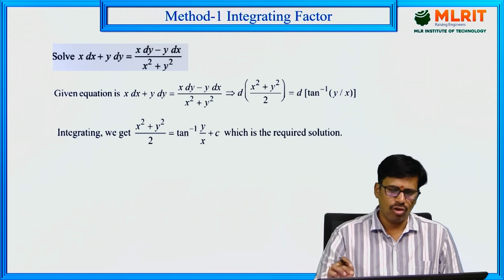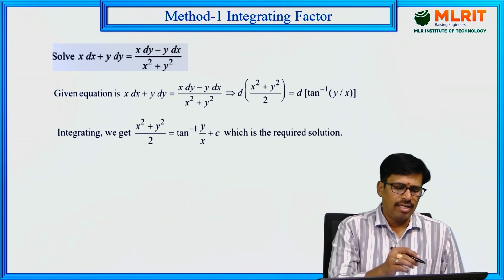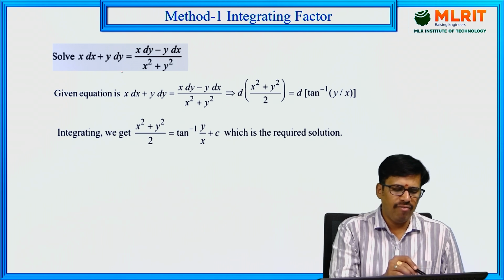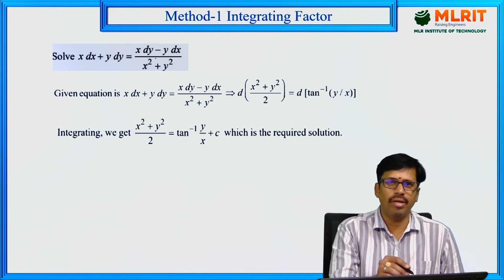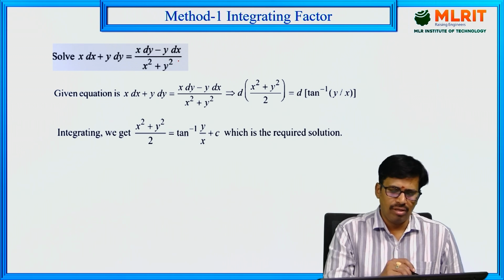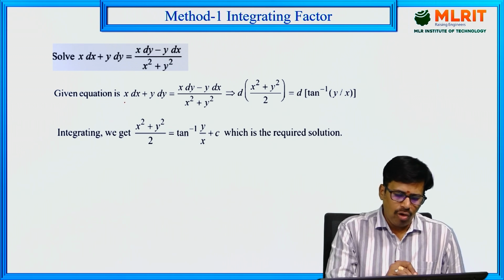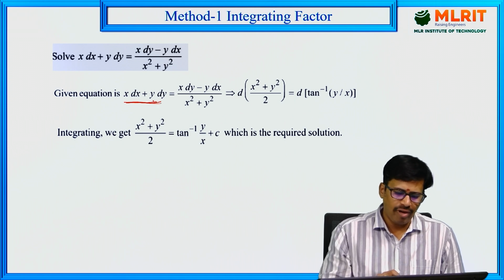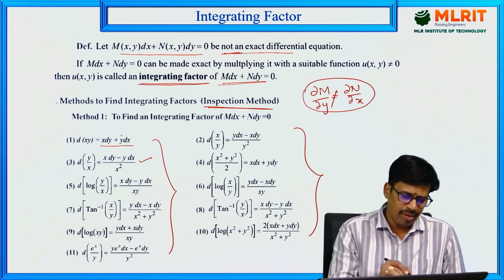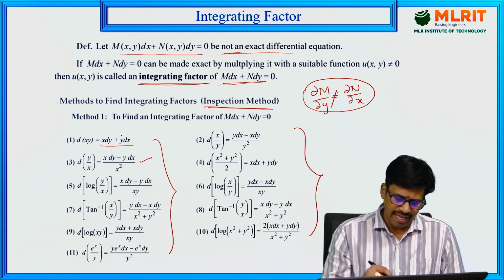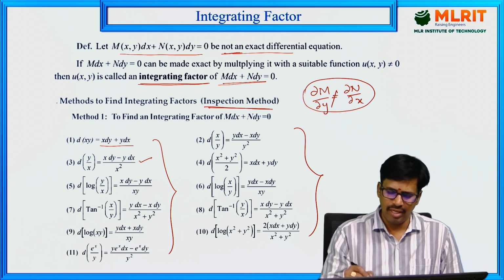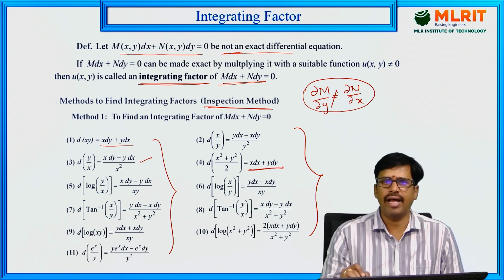Let us solve this one problem. Solve x dx plus y dy equal to x dy minus y dx by x square plus y square. Do you see any terms like x dx plus y dy in these formulas? In the RHS we have this.